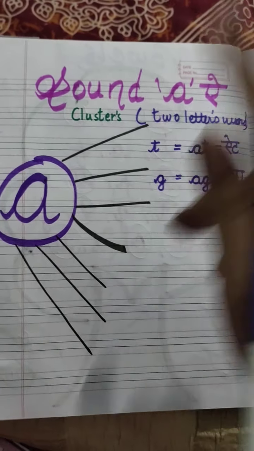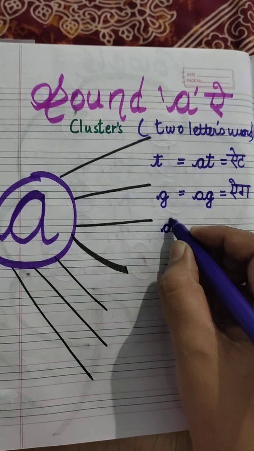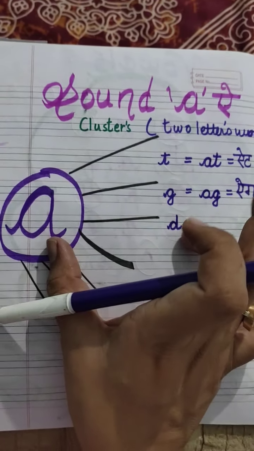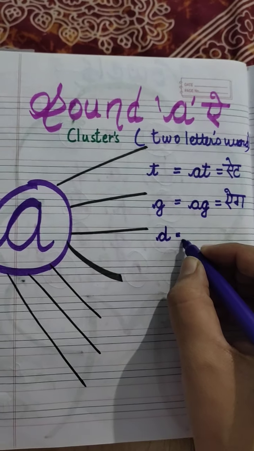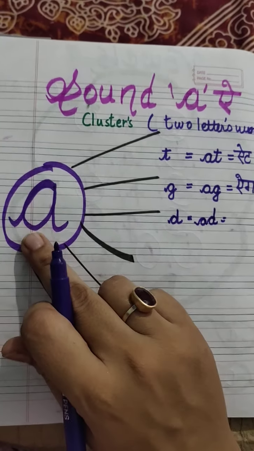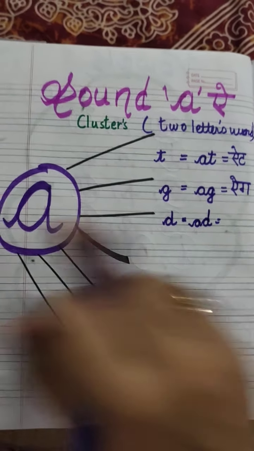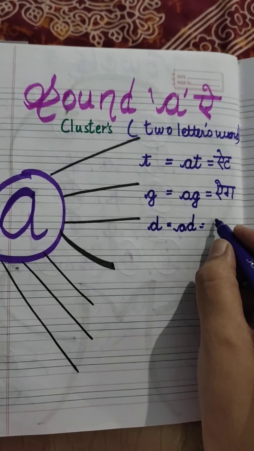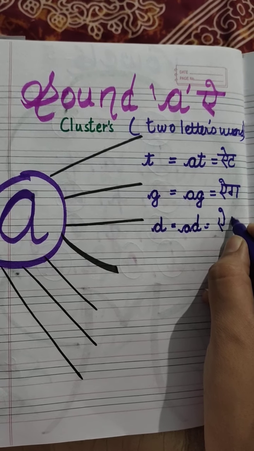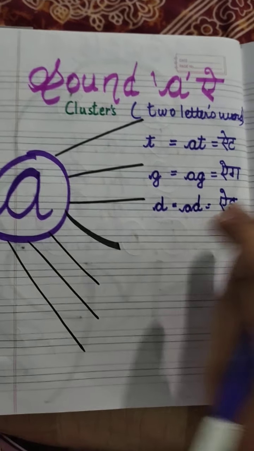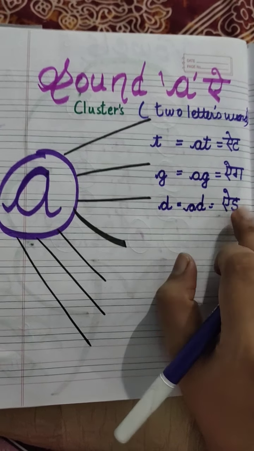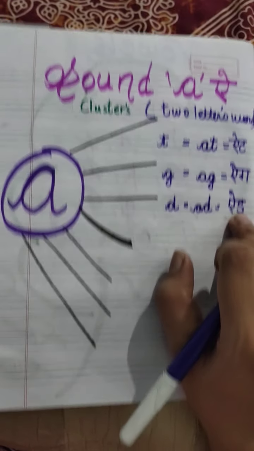Now we will take the next consonant D. When we add it with sound A, this becomes our cluster add. Why? Because the sound of letter A is A and consonant D is D. So this is add.